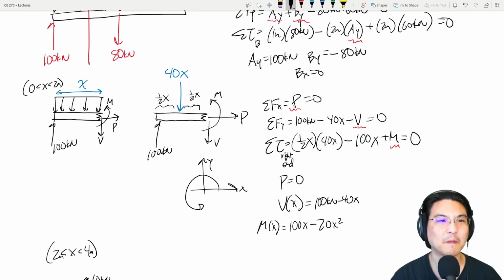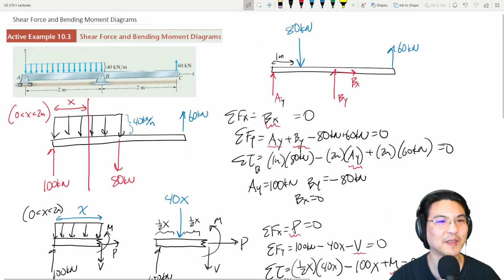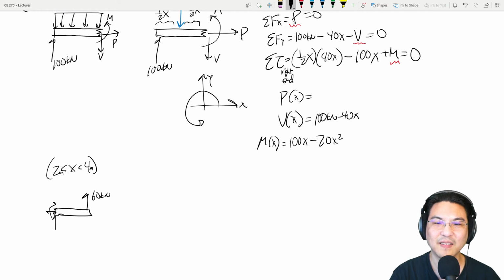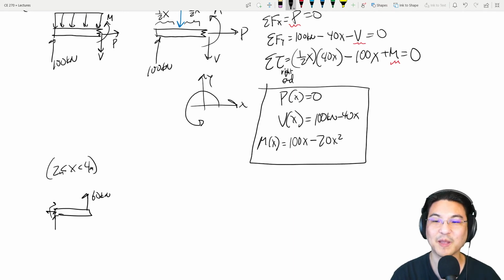Okay, look, we have the axial force, shear, and bending moment as functions, but this is only valid for x between 0 and 2.